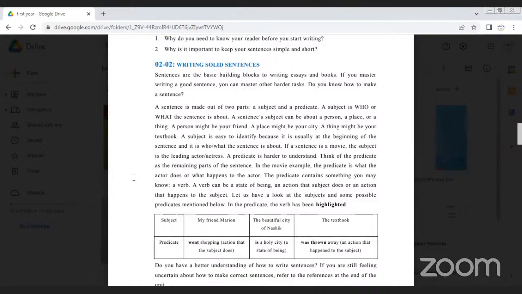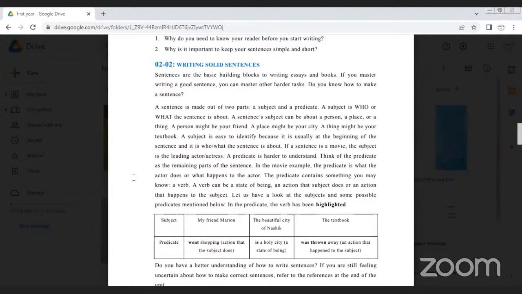A place might be your city. A thing might be your textbook. A subject is easy to identify because it is usually at the beginning of the sentence, and it is who or what the sentence is about. If a sentence is a movie, the subject is the leading actor or actress.